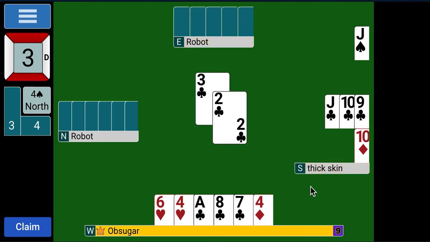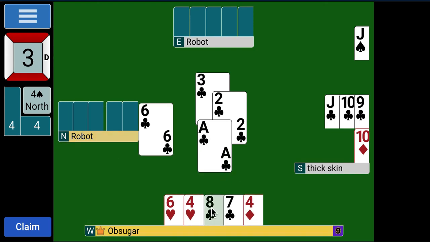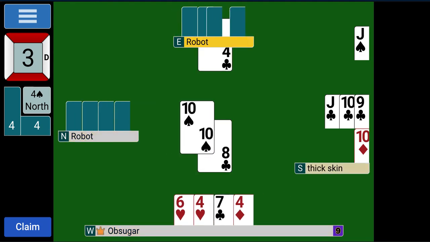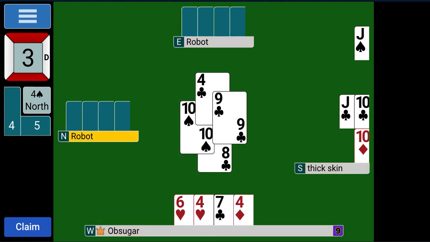Right? So now we have seen there were 4 clubs in South, 3 clubs in my hand, and at least 1 club in North. Okay, we started with 6 of them being out, right? And there's somebody showing out in clubs.